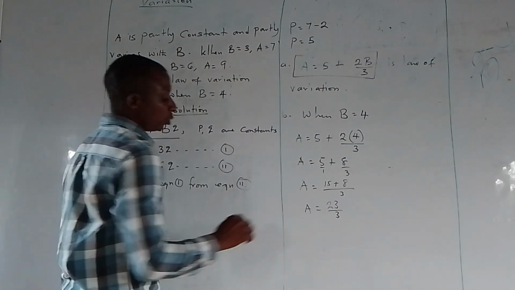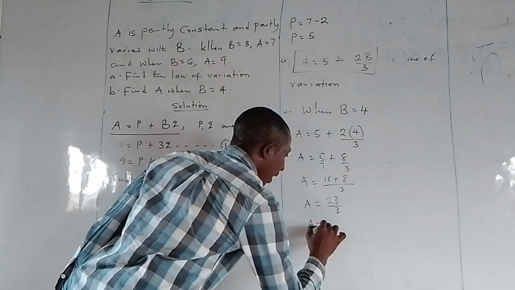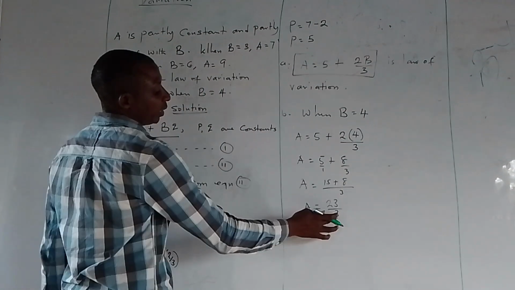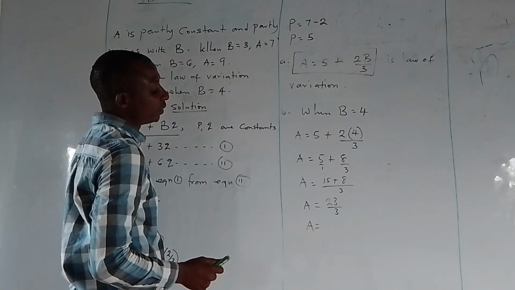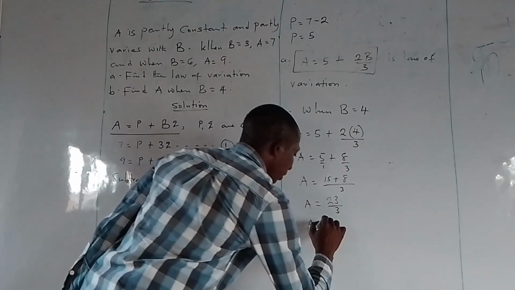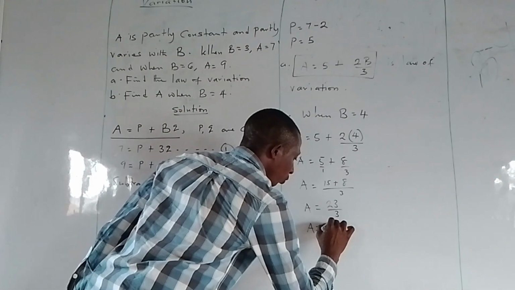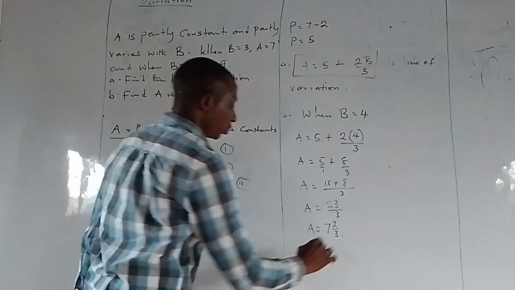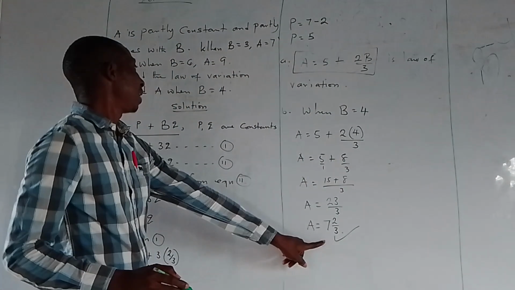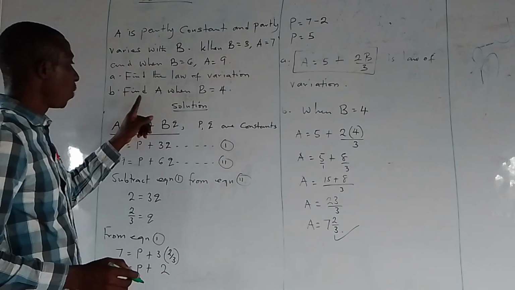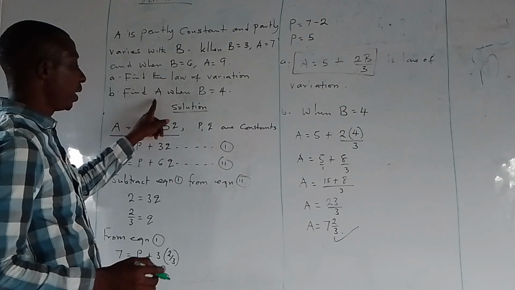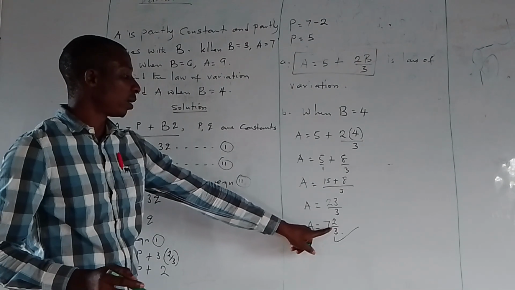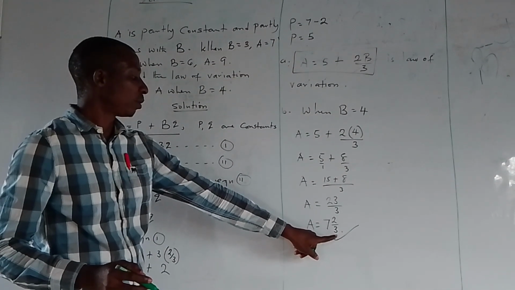Now you can simplify. 3 goes into 23, 7 times, remainder 2. So the answer is: when B is 4, A is 7 and 2 over 3.